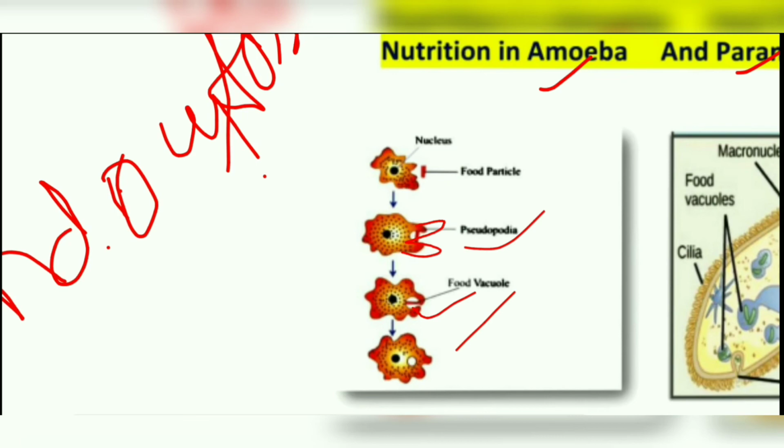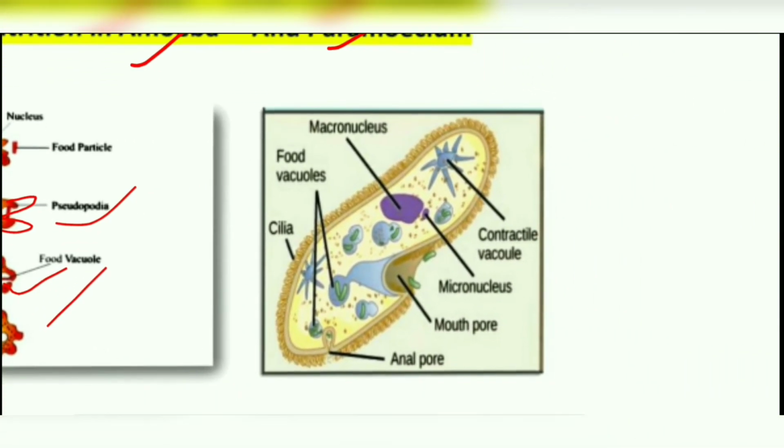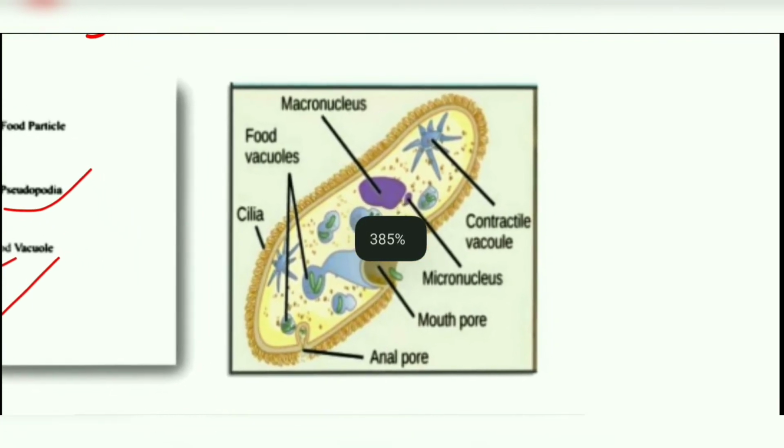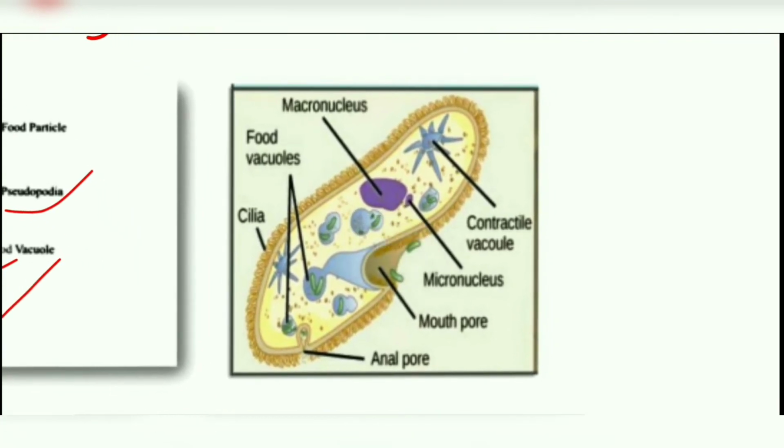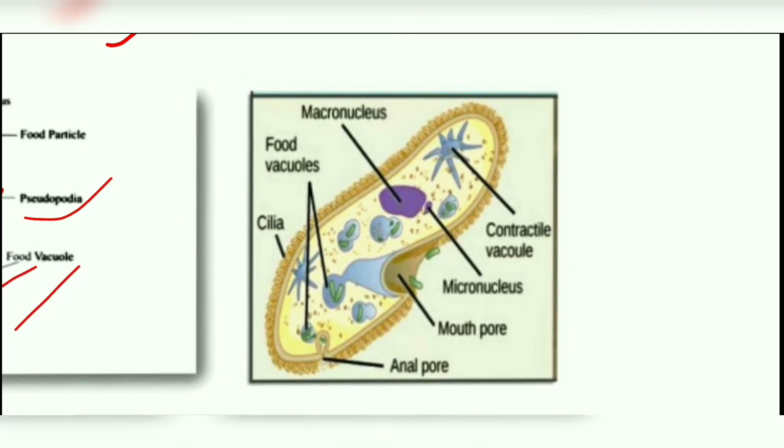But in the case of paramoecium, it eats yeast. Paramoecium has cilia, the hair-like structures on the surface, and the cilia are very useful in acquiring food molecules.